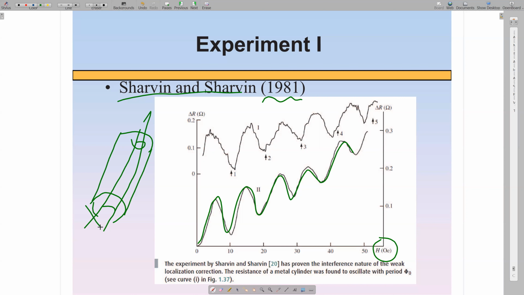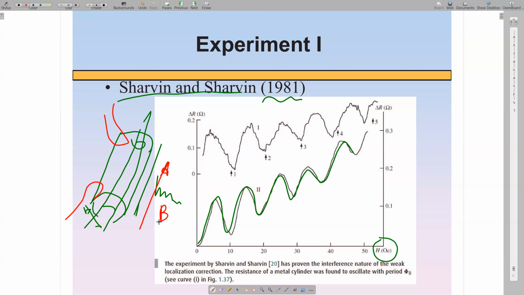So that was a fraction of a micron, but that was perhaps 1 millimeter long. Good. Then they just put two contacts. They measure the conductance, and simultaneously they change the magnetic field in this direction.